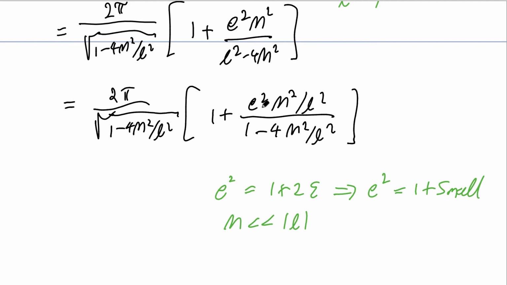So we can approximate little e squared as just 1, and we can also drop this 4m squared over L squared term in the denominator, again because the numerator is already small.